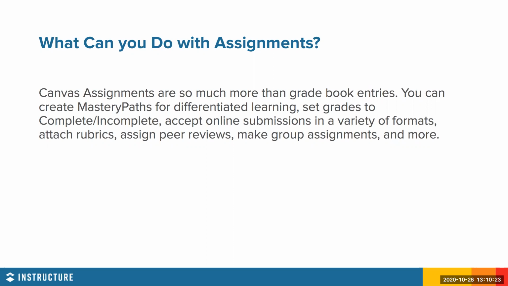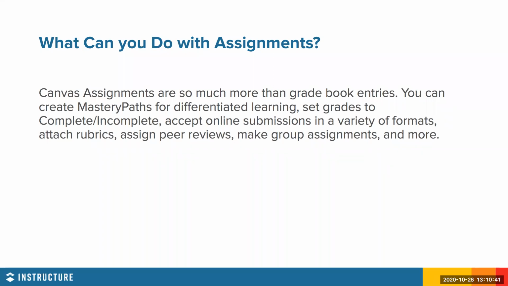With Canvas assignments, you can create mastery paths for differentiated learning opportunities. You can use a complete, incomplete status so that you can very easily give students credit for work submitted if you're not grading for accuracy.